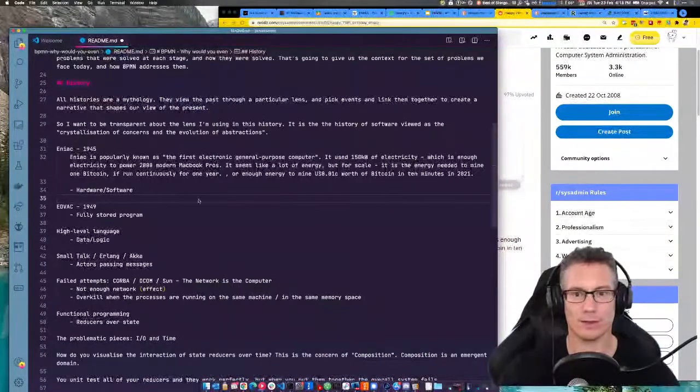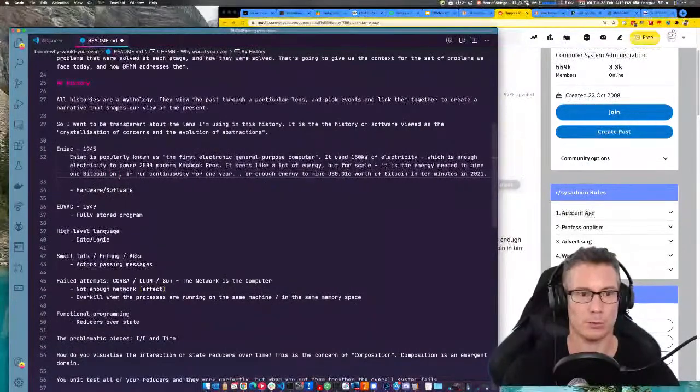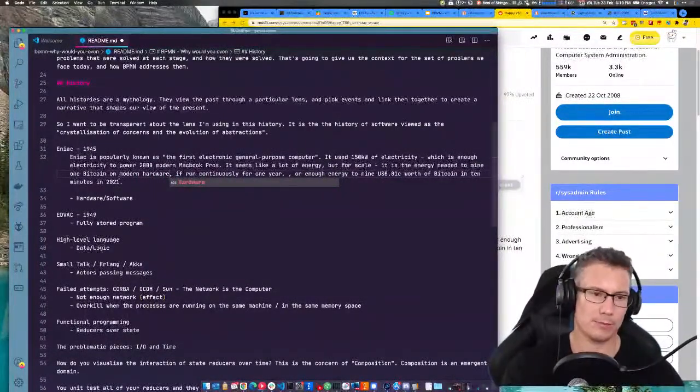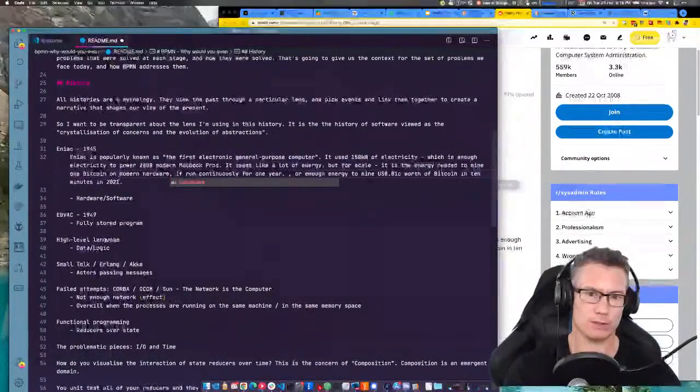Okay, 1 Bitcoin on modern hardware. Is that right? Is that how much energy it is? 150 kilowatts.